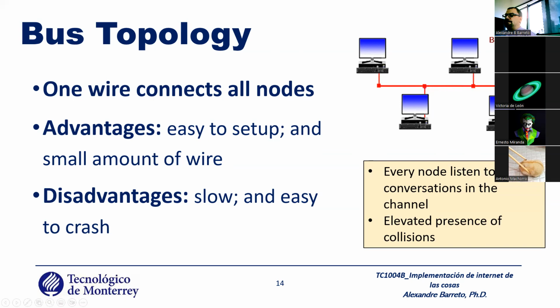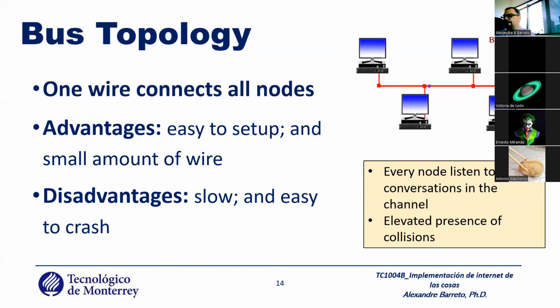You need cabling and you use terminators here, very similar to this picture. And the problem is this terminator. If you have problems in this terminator, you lose. For example, if you have a problem here, the whole network goes down. That's the reason you don't use it anymore today. I don't remember any case today that uses the bus topology.